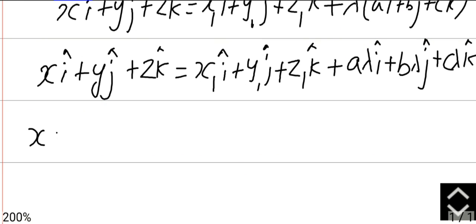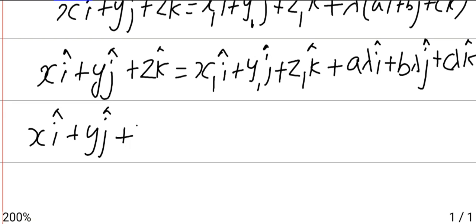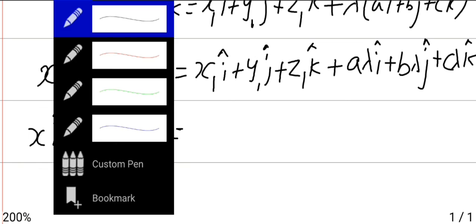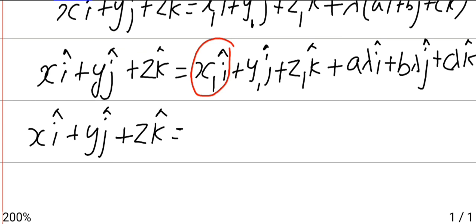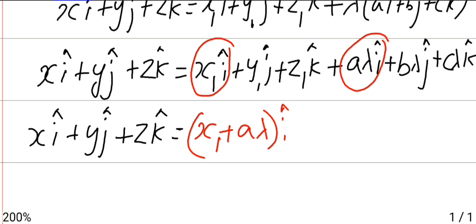So here you get xi cap plus zk cap. Take i coefficients, so you get x1 plus a lambda i cap.